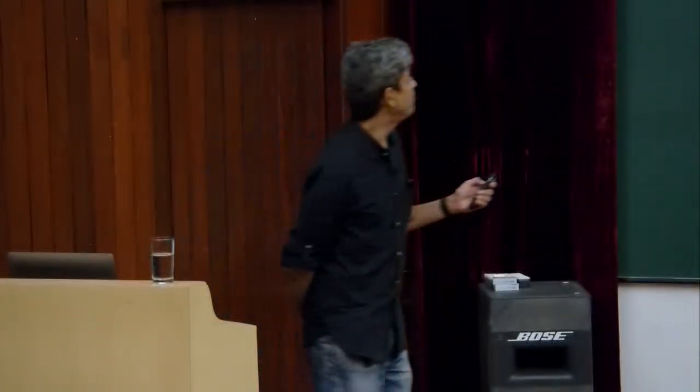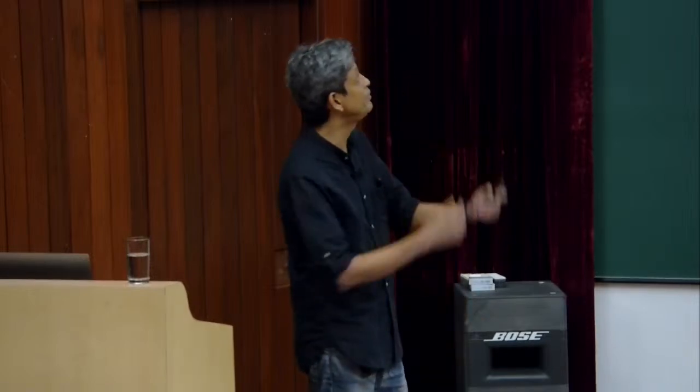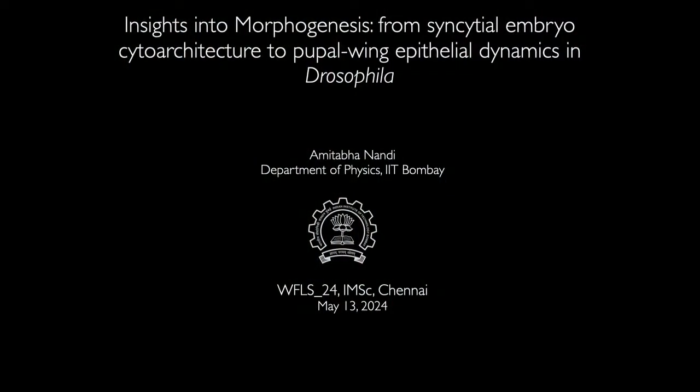So what I initially planned was to give an overview on morphogenesis by taking two different examples at two different stages of development in Drosophila. One is looking at a very early stage syncytial embryo, and the other is looking at the fly-wing epithelia.